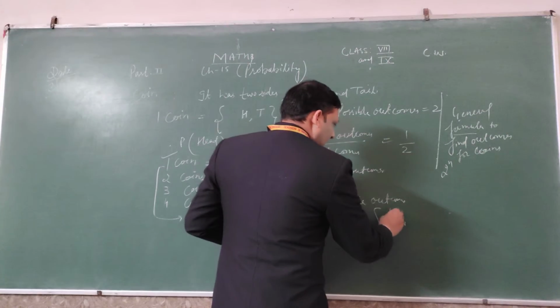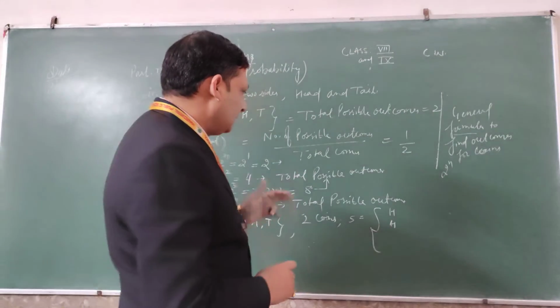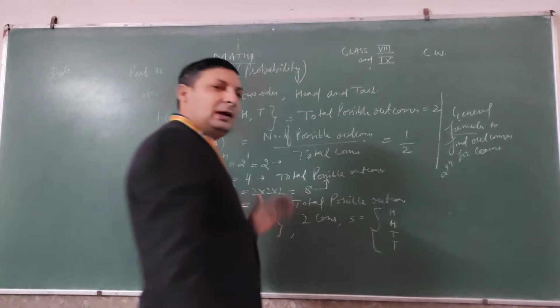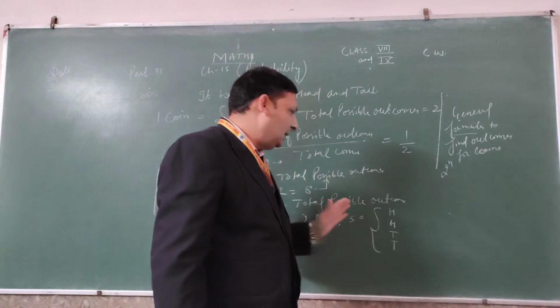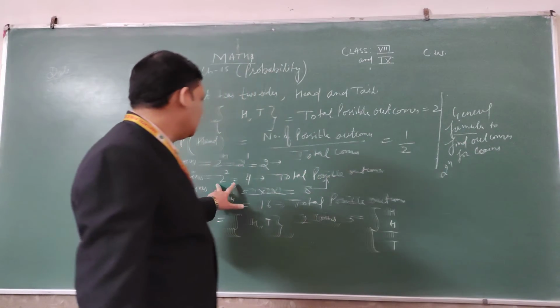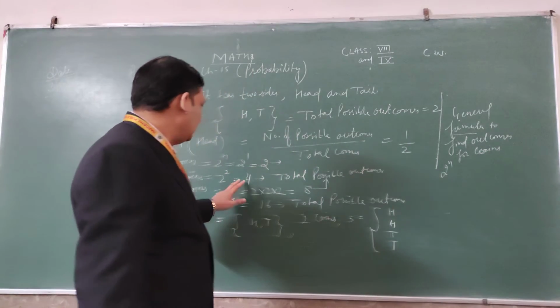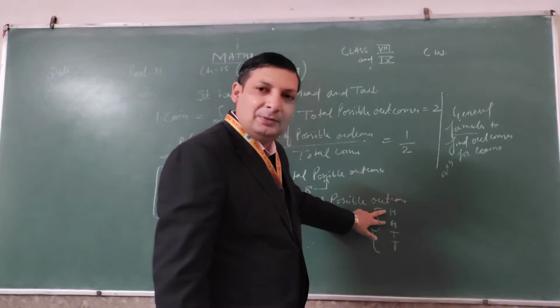So I will write 2 heads in a column, after that I will write 2 tails together. So what plan have I made to write the sample space in a simple way? I will divide the total outcomes by 2 every time. 4 divided by 2 means I will write 2 heads.